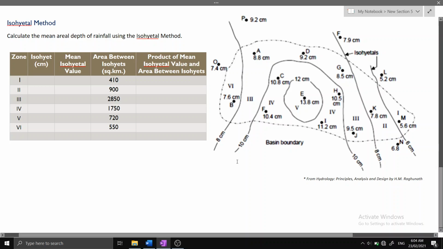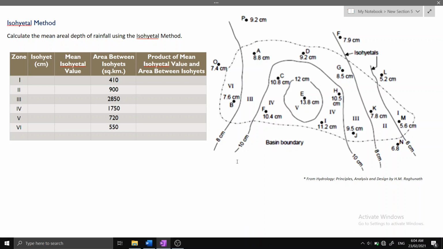Now let's proceed to the Isohyetal method, which is the third possible method in converting point rainfall into aerial rainfall.